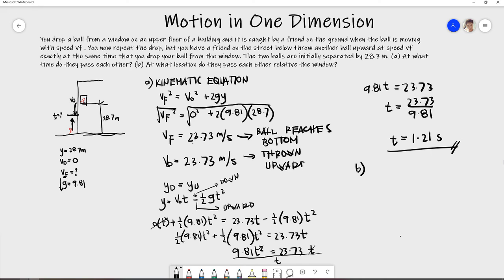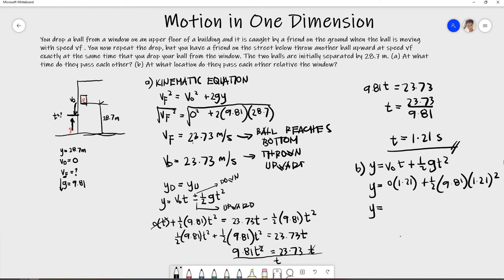How about for letter B? For letter B, we will only use one equation, either downward or upward. Let's say again y is equal to v0 t plus 1/2 g t squared. Let's try the downward motion. Getting y, the point where their height is equal, we have the initial velocity during downward, 0, times 1.21, plus 1/2 times the gravity 9.81 times 1.21 squared.